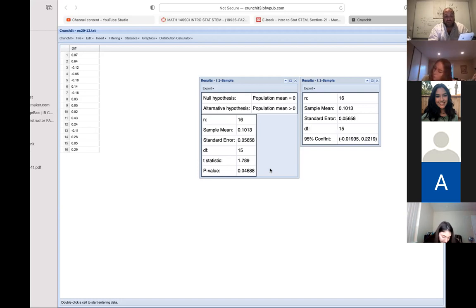What is the X bar? 0.1013. 0.1013. What is, sorry? Did you put the whole thing or could you just go 0.10? I try to be as accurate as possible. So I put in as many decibels as I know. What is S going to be?